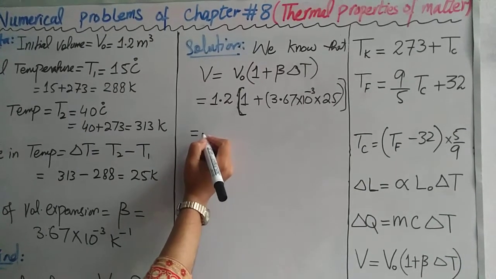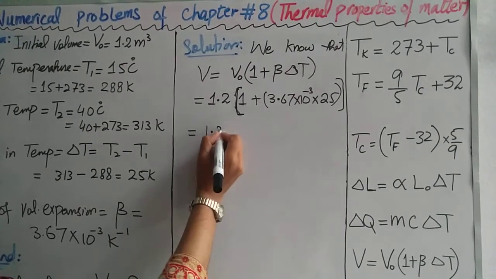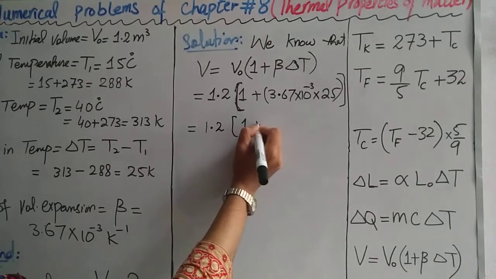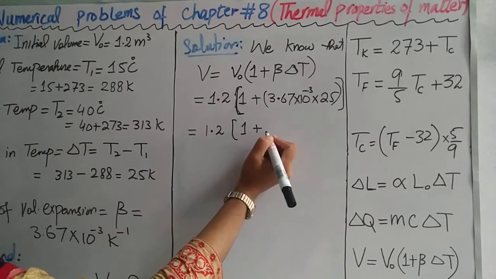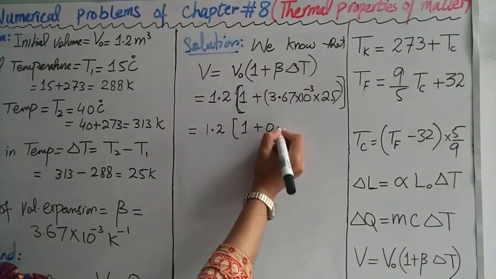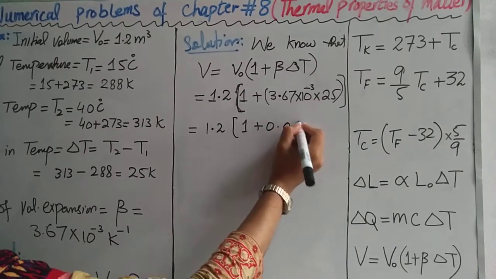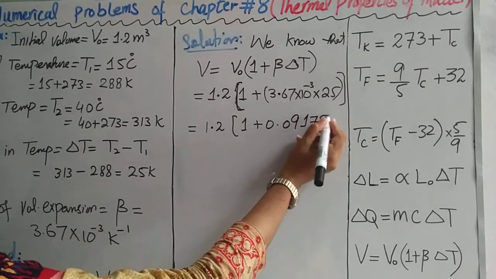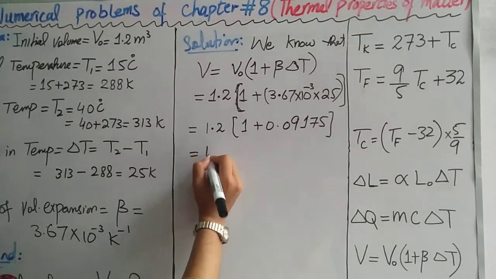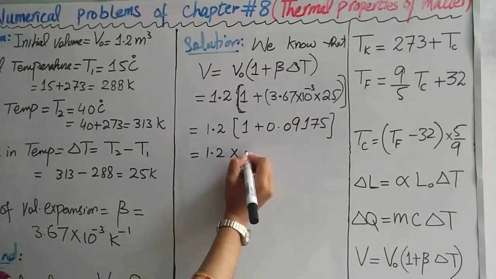By solving it, we have 1.21 plus 0.0097175.